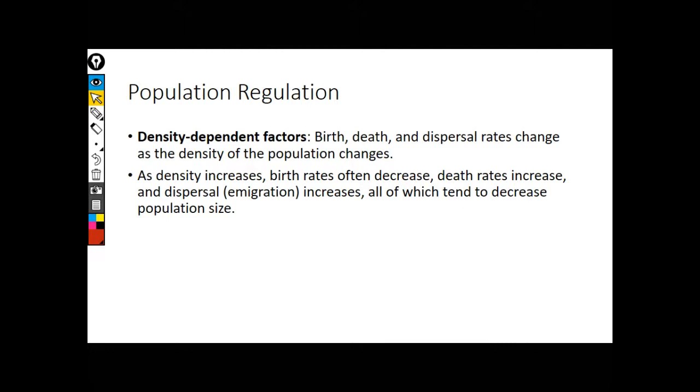So if we think about density increasing, you're getting more and more individuals in a single space.